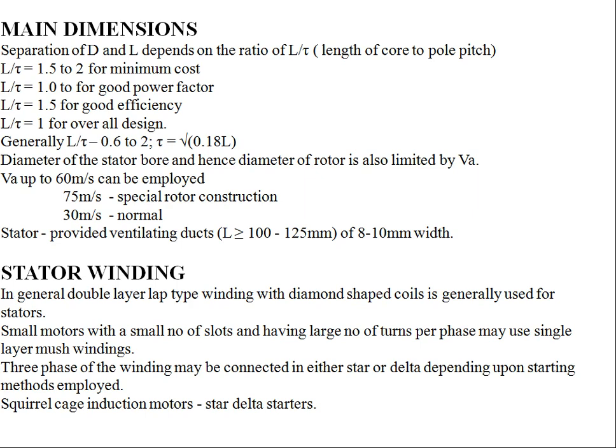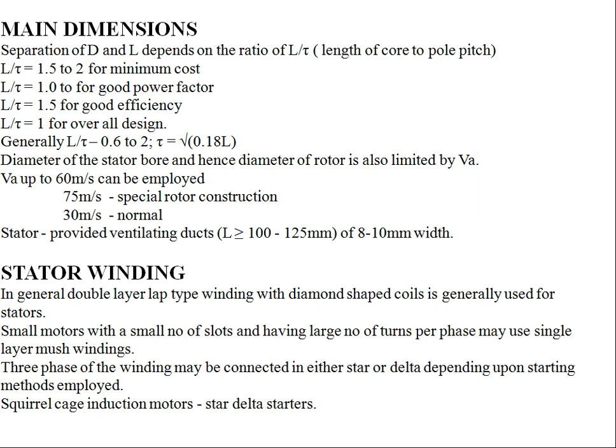Next one is main dimensions. So here also, as we have seen in the DC machine, we had the D square L, so we had to take some ratio for it and then find out the values, because they are the dimensions of the machine.